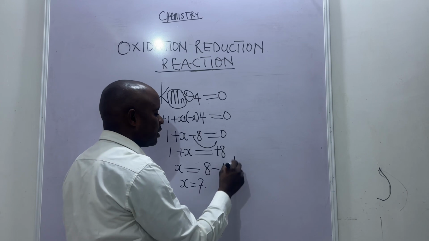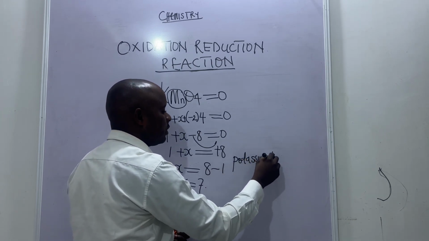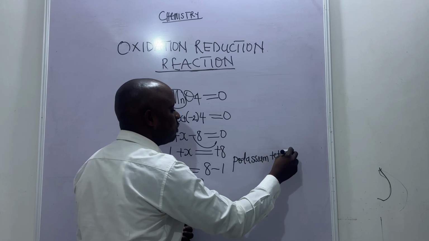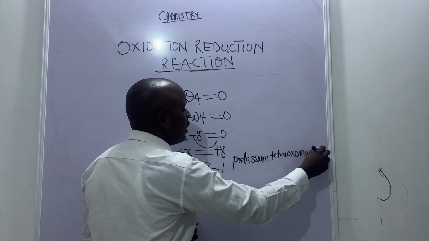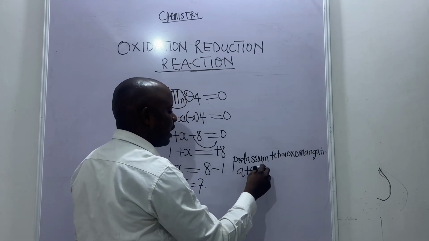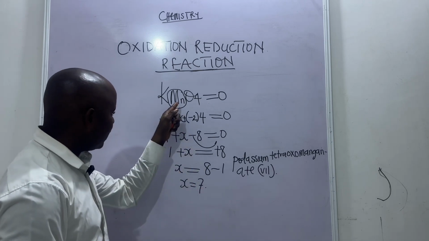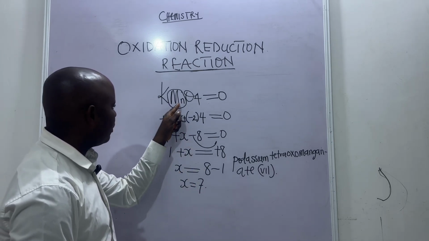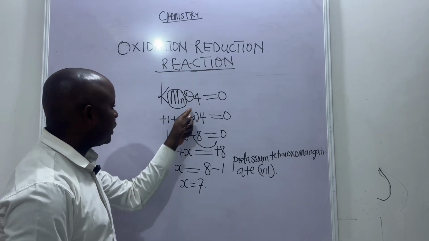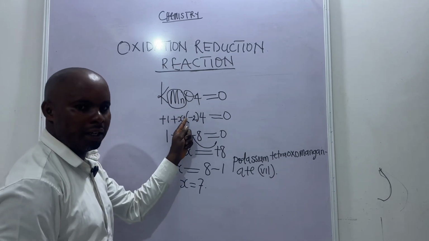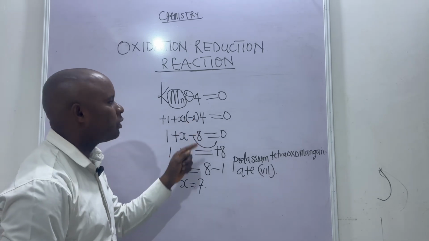It is now known as potassium tetraoxomanganate 7. So we are able to determine the oxidation state of this central atom. So in a given redox reaction, if there's any change in the oxidation state of this compound, we say such chemical reaction will undergo what is known as redox reaction, oxidation-reduction reaction.